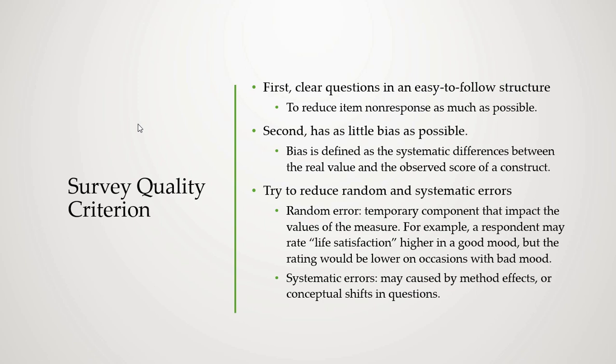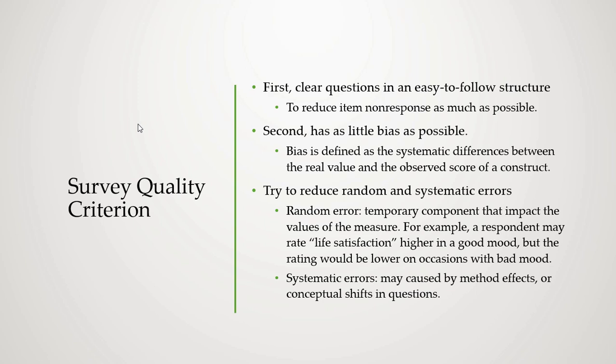The first is random error, which is caused by temporary components that may impact the values of the measure. For example, a respondent may rate life satisfaction higher when he or she is in a good mood, but the rating would be lower on occasions where he or she is in a bad mood.